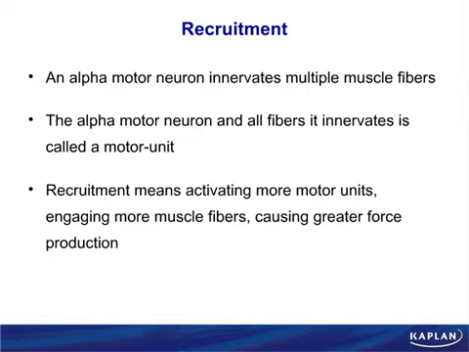So hopefully recruitment makes good sense. We're just bringing in more and more muscle fibers, and the more muscle fibers I engage, the greater the force. So two ways to increase force in skeletal muscle: summation and recruitment.